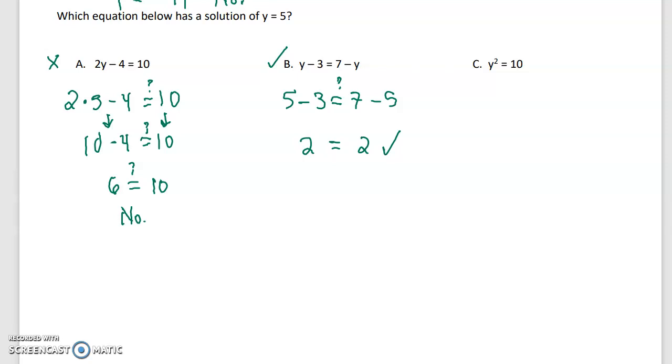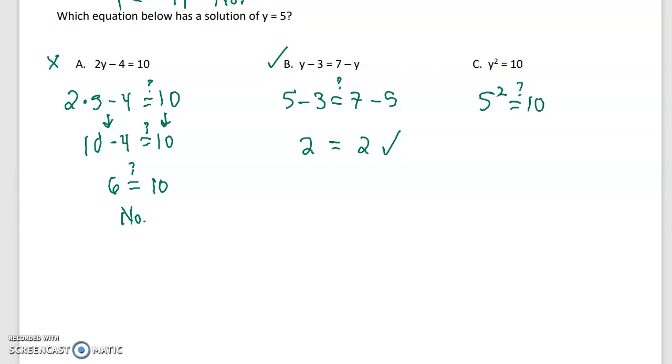And let's look at our last one, y squared equals 10. So yeah, equations can have squareds, so there can be exponents. There's lots of different types of equations out there, and they all represent and model different types of problems, which hopefully we can get into as well. So our base is 5, so is 5 squared equal to 10?